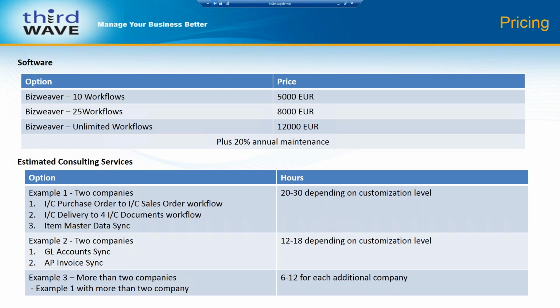And then down below, we just wanted to give you guys a couple of examples of estimated consulting services. I can send this to you offline, but just to give you a general idea: in example one, if you had 2 companies and you were converting a purchase order into a sales order from one company to a different company, and then creating the delivery into another company, basically creating from one document, having that trigger to create another document in other companies or one company, we generally put about 20 to 30 hours on that.